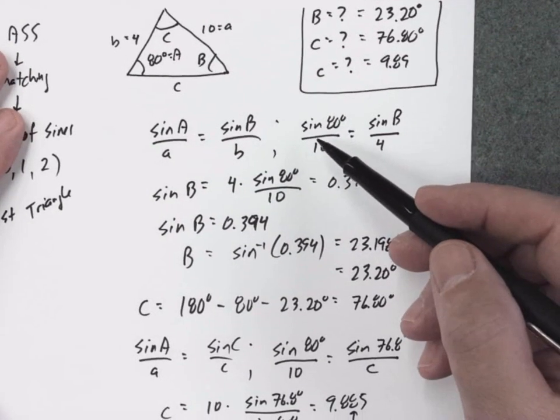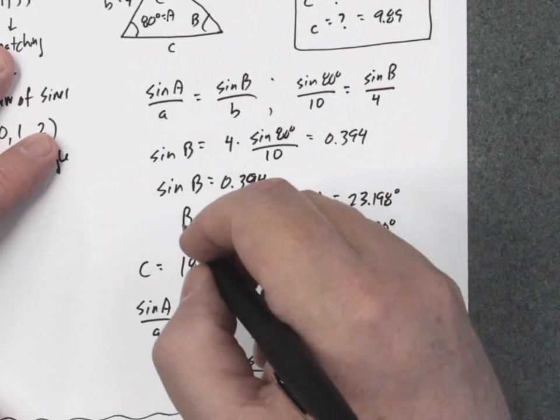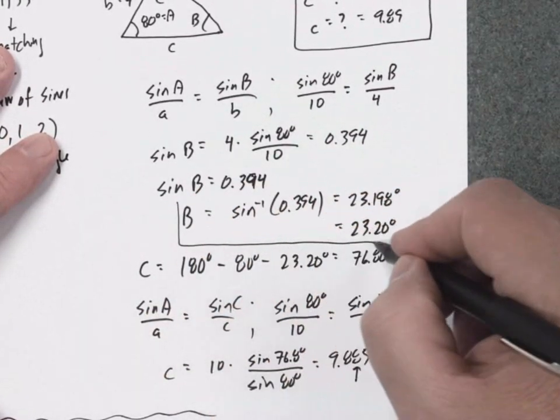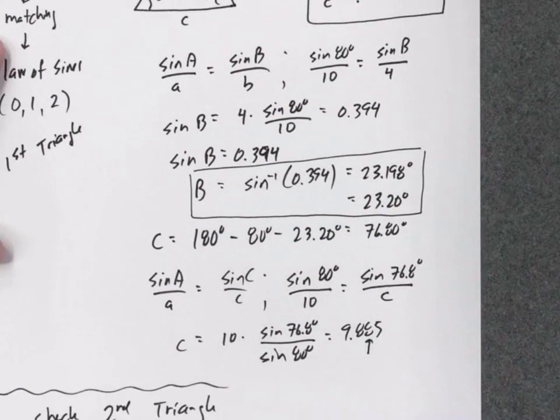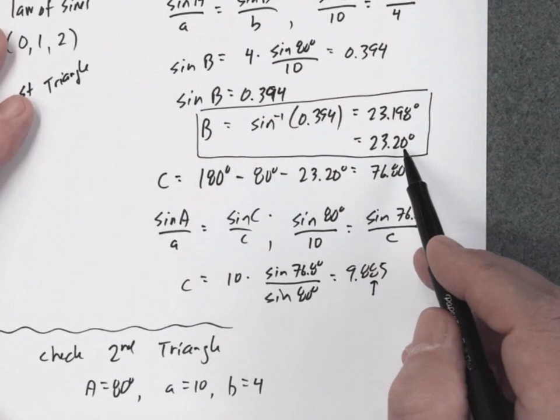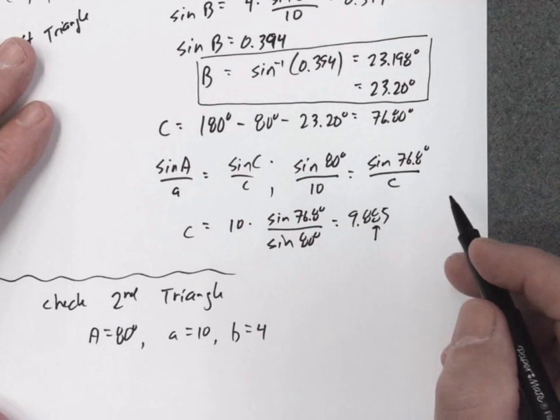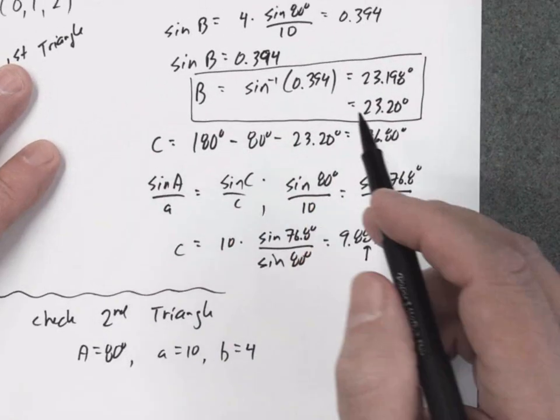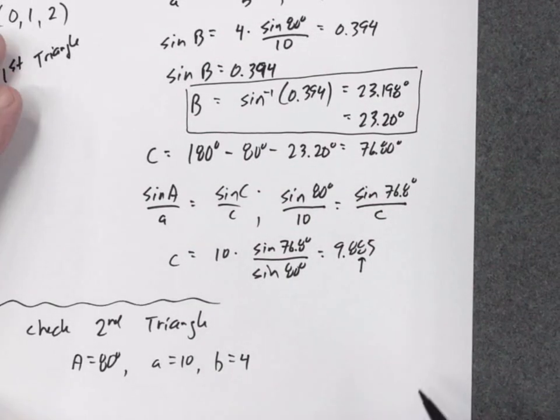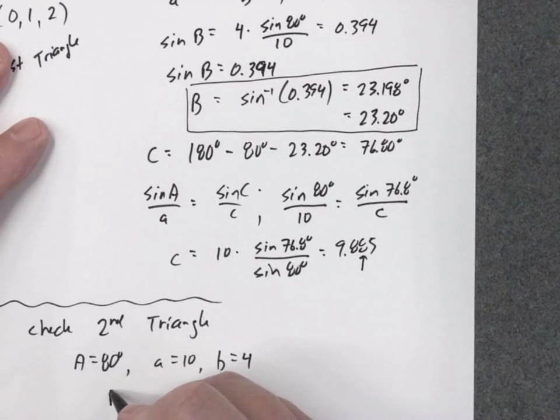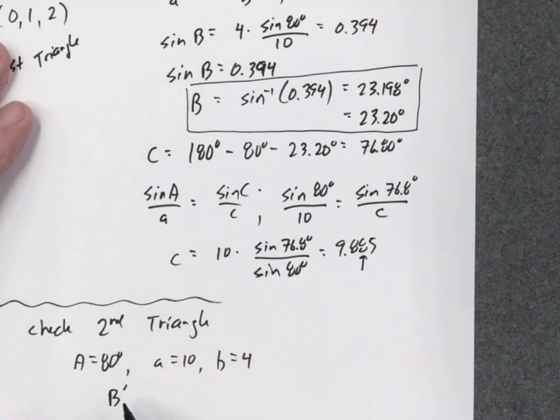So what I have to do is go ahead and start solving for a second triangle. And here's how you solve for a second triangle. I go back to the first triangle. The very first thing I found was angle B. So what you do is, if there is a second triangle, you take that first angle you found, and I'm going to use this number to come up with the second possible angle B. Once again, this was in the lesson. So for the second triangle, I always put a little tick mark here.